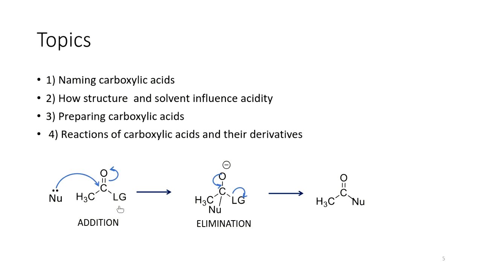And for all of our acyl derivatives, you will have a reaction where a nucleophile comes in, and you have addition, and this is the intermediate that's formed after the addition, and this intermediate will reform the carbonyl, and you will have elimination. You will have loss of all of this here, and then you get a new compound here. So that's generally the reaction mechanism for all of our acyl compounds. So we're going to be looking at that.